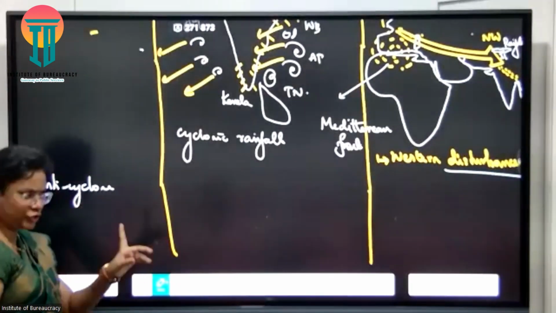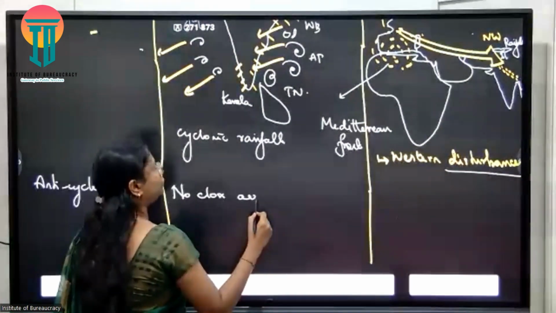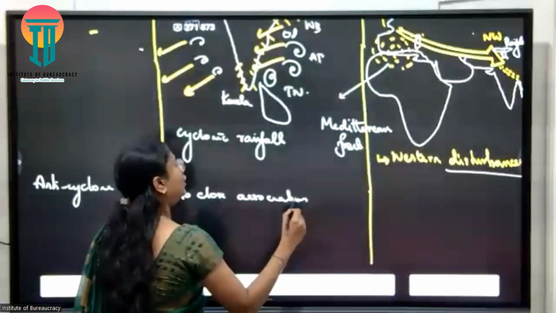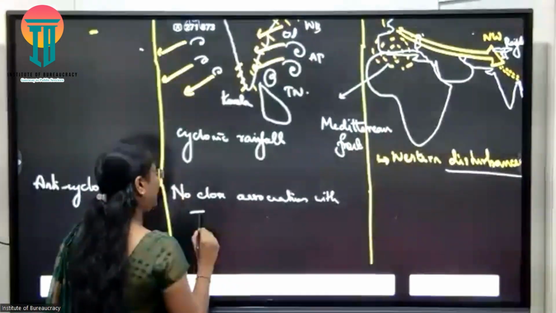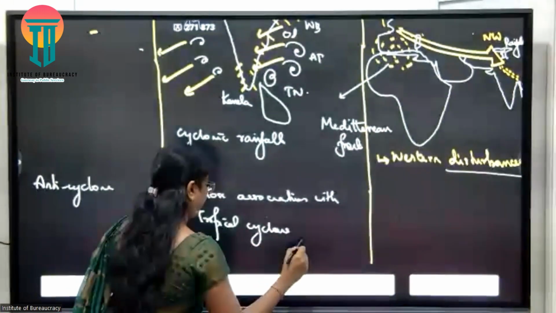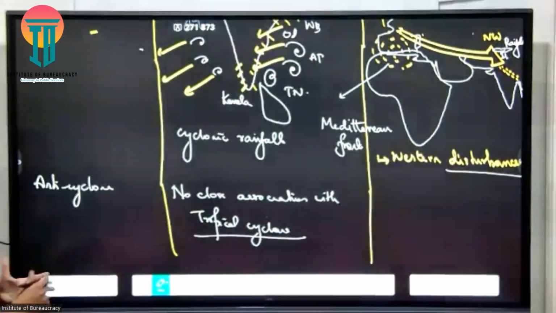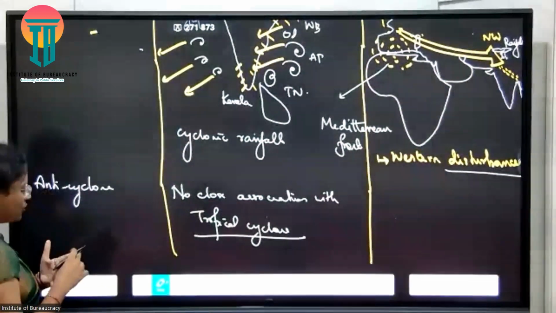There is no close association with the tropical cyclones. No close association or no relationship or any kind of connection between cyclones and anticyclones.